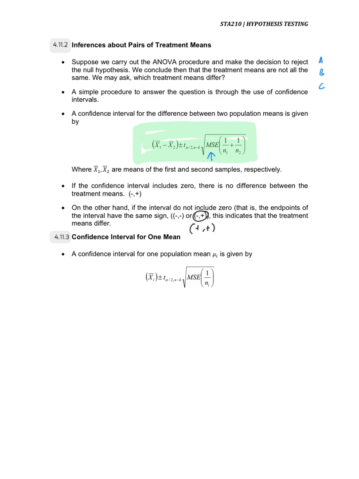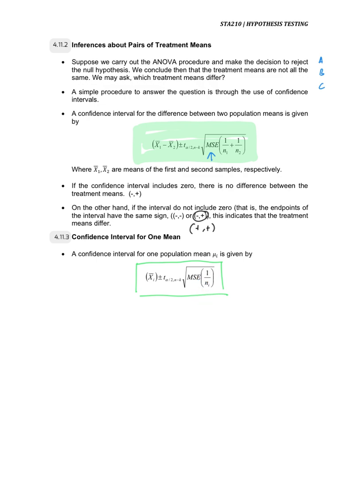Okay, if the question asks you for the confidence interval for one mean, we can also calculate it using this formula. The formula is given by x bar i, depending on whether you want the first, second, or third treatment, plus minus t alpha over 2, n minus k, times the square root of MSE times 1 over ni.